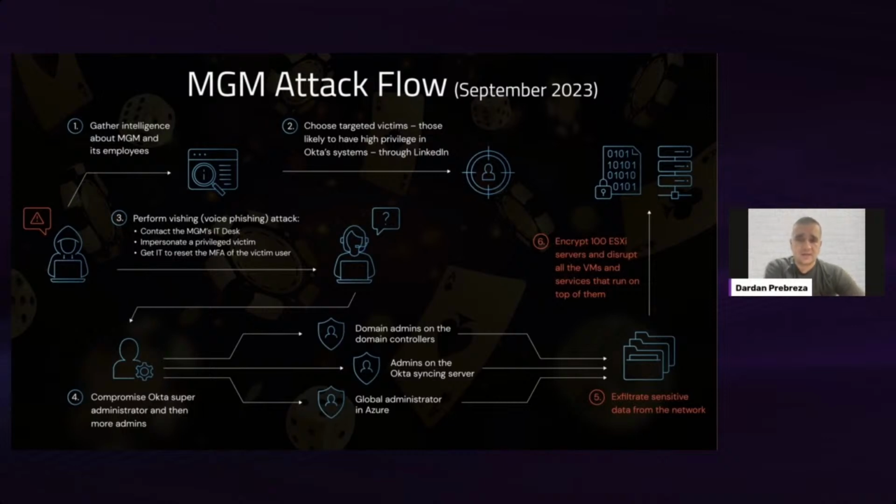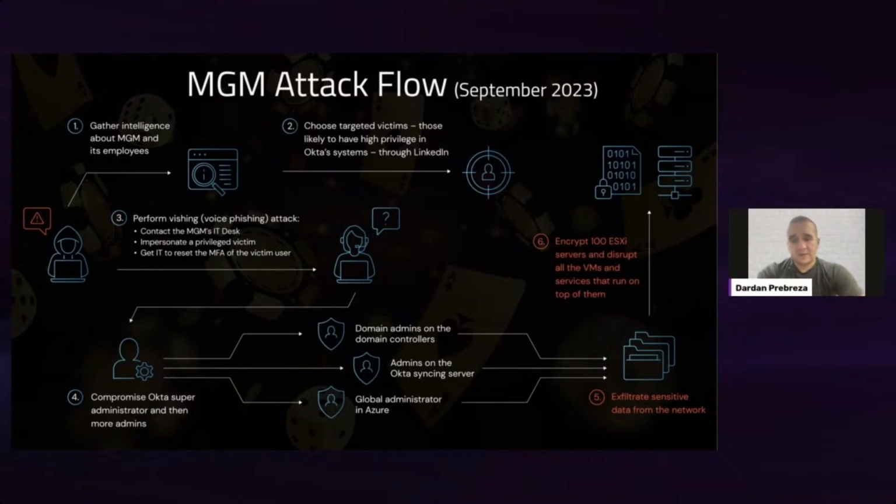Then they chose targeted victims, those likely to have high privilege in Okta systems, through LinkedIn. And LinkedIn is a gold mine for finding information about your target, because almost everyone in the professional world uses LinkedIn, and you can filter by job titles and so on.